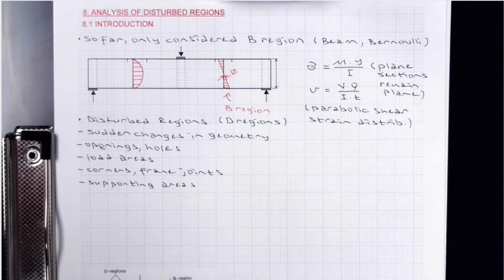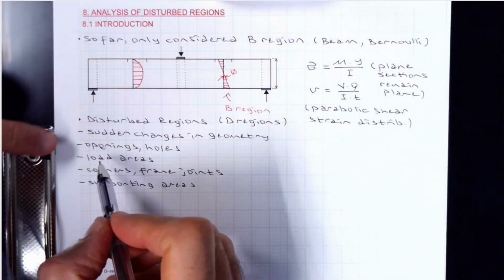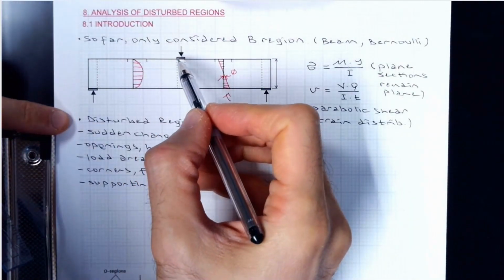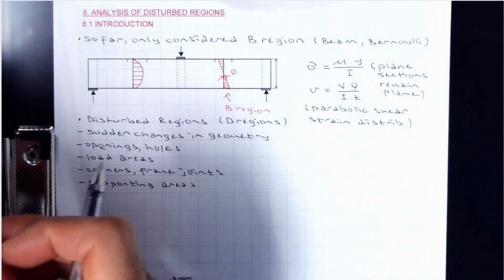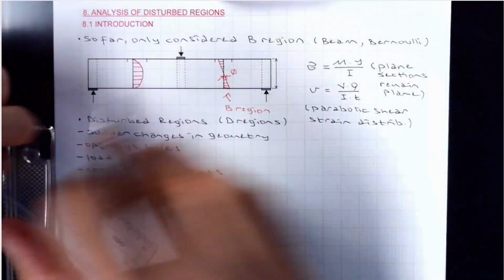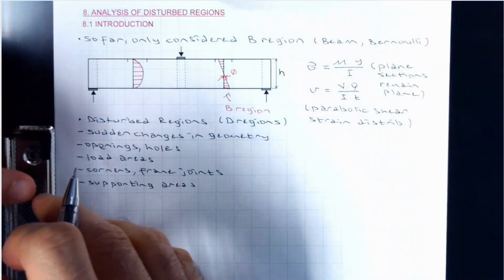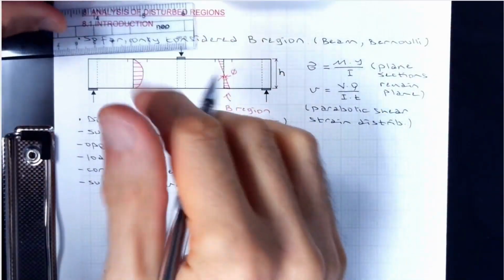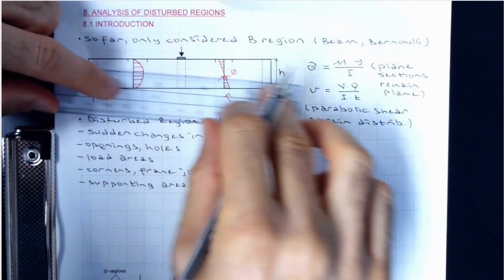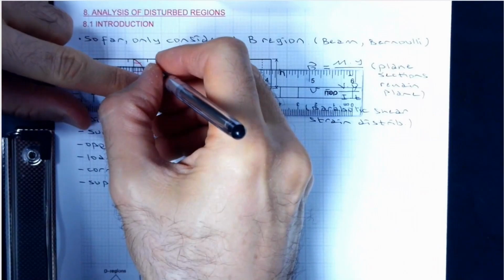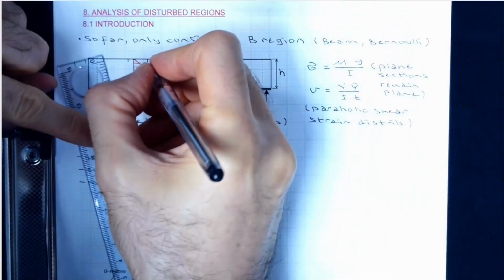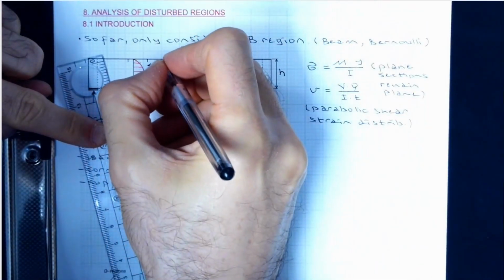So if you look at the example, you can see loading areas. I'm loading it from this area, and if the depth is h, right, then typically in order to determine the disturbed region, you need to go h from the edge of the loading plate. So this is going to be h this way.